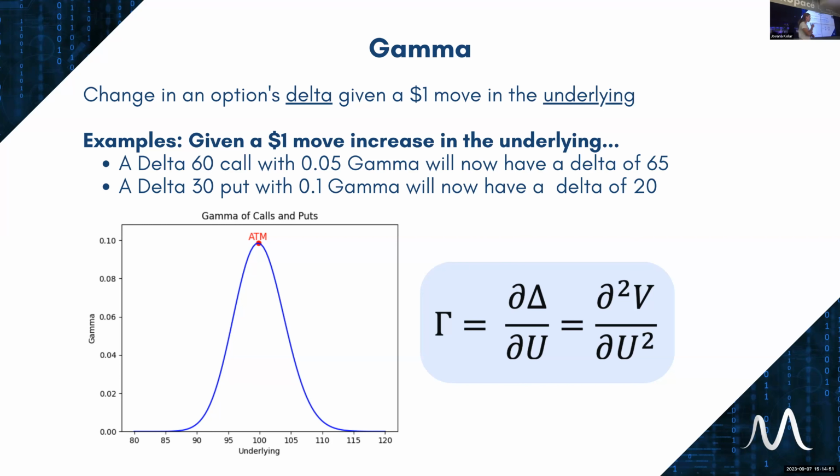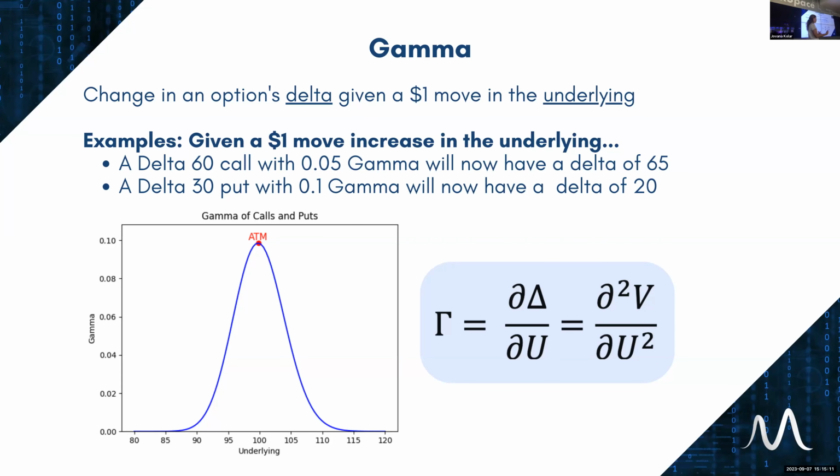Let's say for a call, what happens to your delta as the underlying ticks up? So as the underlying ticks up, your delta would also increase because you are leaning more in the money, and there's more chance that you will stay in the money, right?